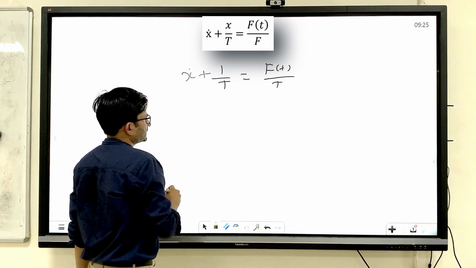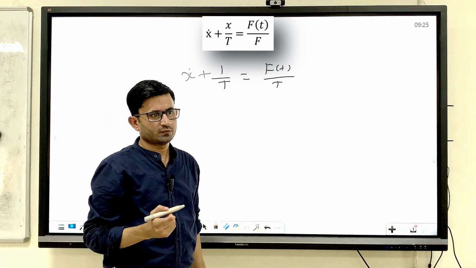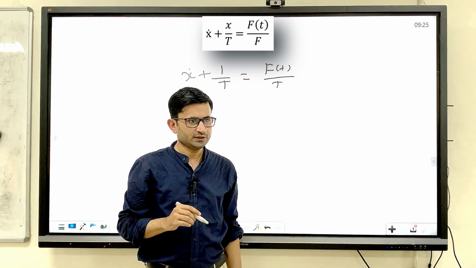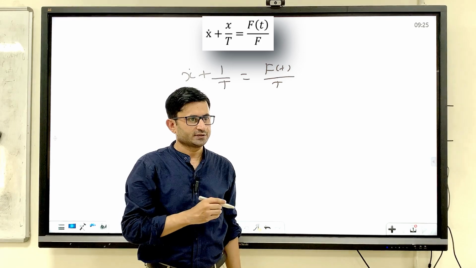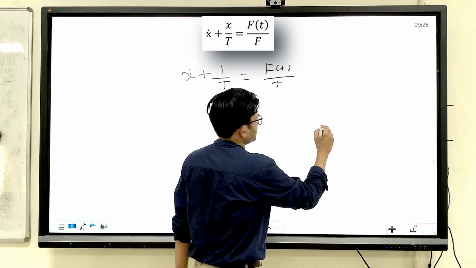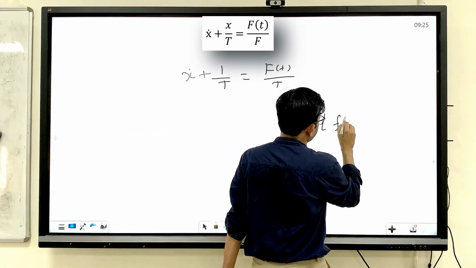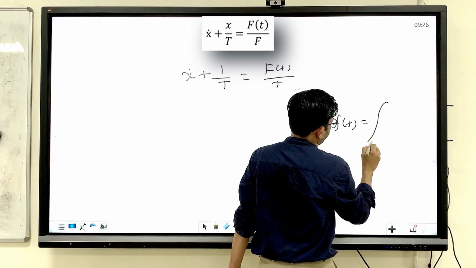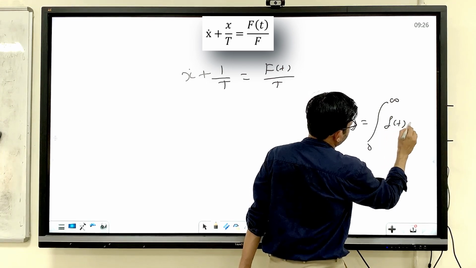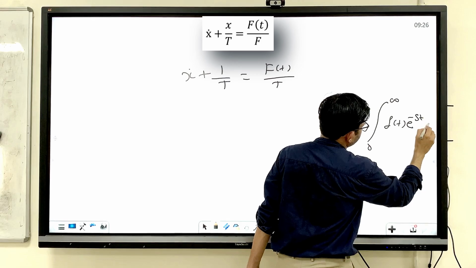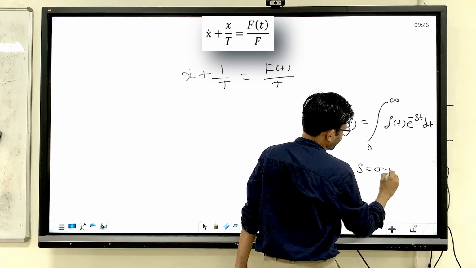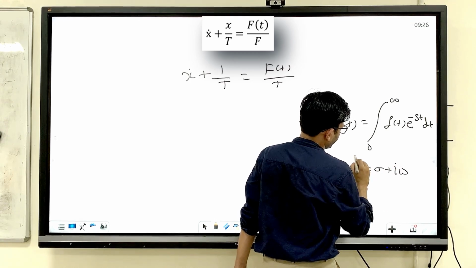Now if you take the Laplace transform, see, I have used the word Laplace transform, right? If you go back to your engineering mathematics class, you might have studied Laplace transform and Fourier transform. The Laplace transform of any function is the integral from 0 to infinity of f(t) e to the power minus st dt, where s is sigma plus j omega.